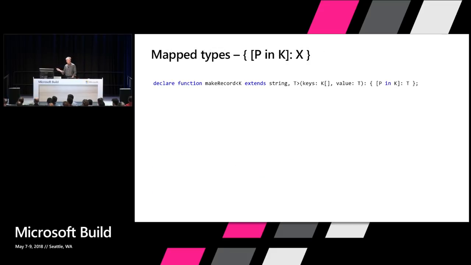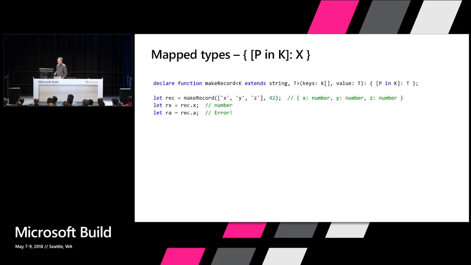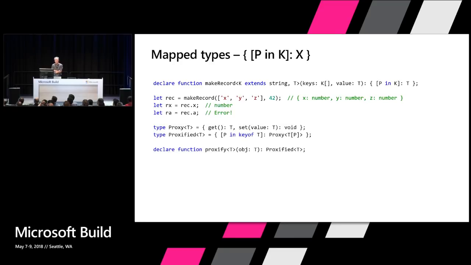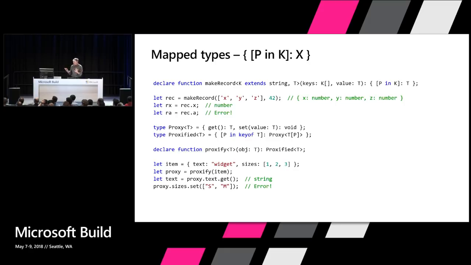And mapped types are sort of the same idea here, where you can make a function that creates a record type, where you pass in the names of the properties you want and the value that you want to put in each property, and then we can strongly understand what comes out of it. And you can also write crazy things like wrapping a proxy around an object and have us understand how this all pans out.